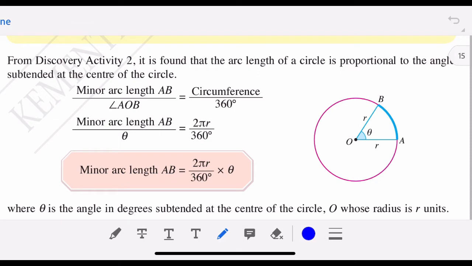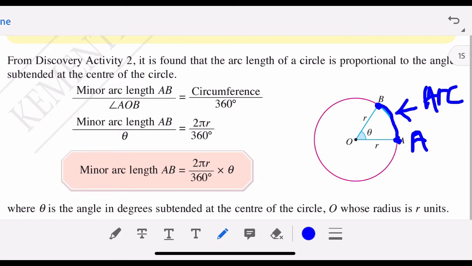Let's have a look at the diagram. According to the diagram, AB is a curve subtended by the angle theta. So this is the so-called arc length.